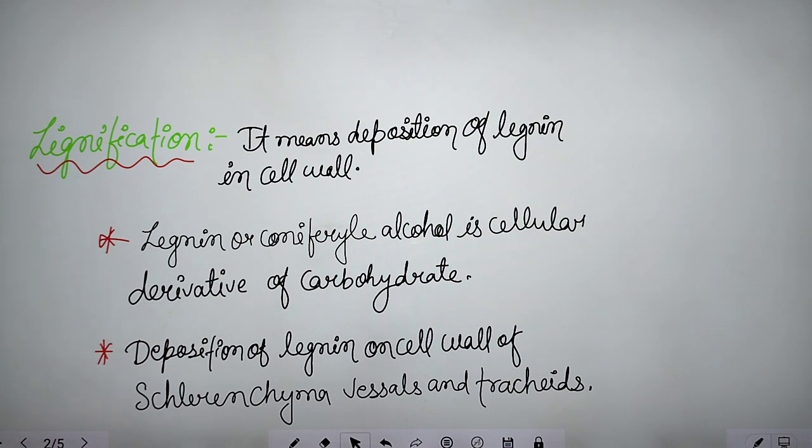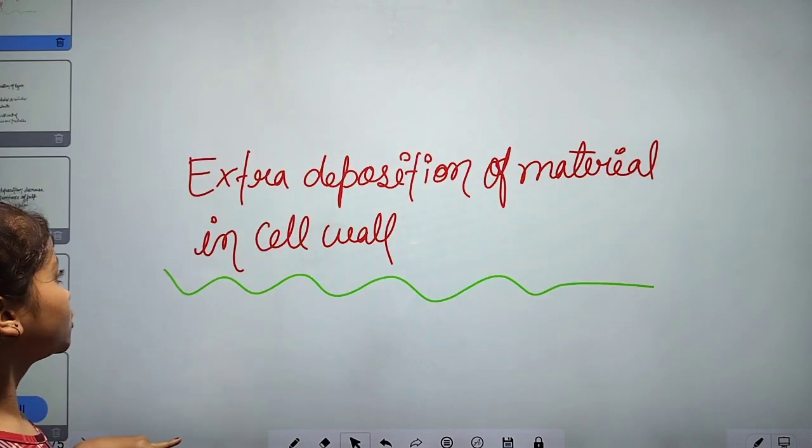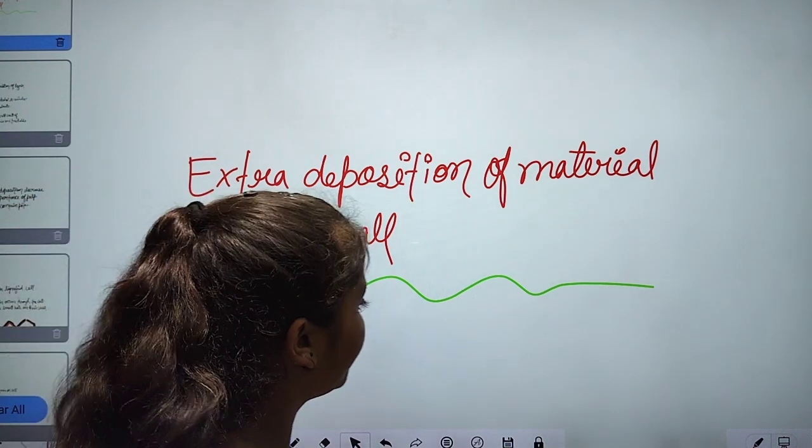I hope you know that sclerenchyma is a dead cell, because they have a lignified cell wall. So these are all about lignification, and due to lignification the cell wall forms one more thing, called the pit. I hope you understood the whole video.